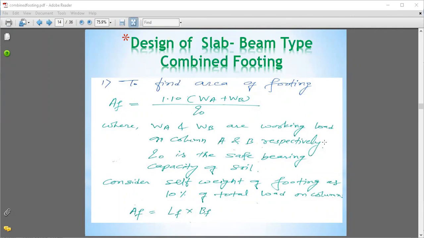Okay, below this, write down AF is equal to LF into BF.